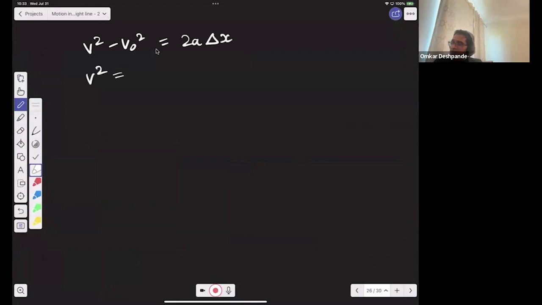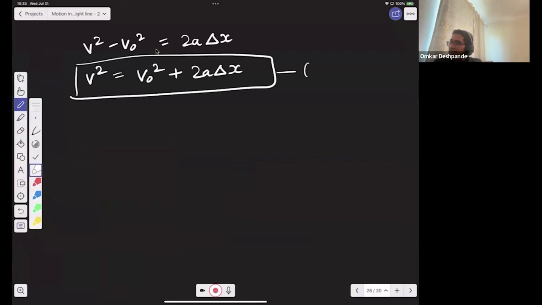Or we can say v squared is v0 squared plus 2a times delta x. This is a third equation that is independent of time, that doesn't have time in it, which is many times useful.